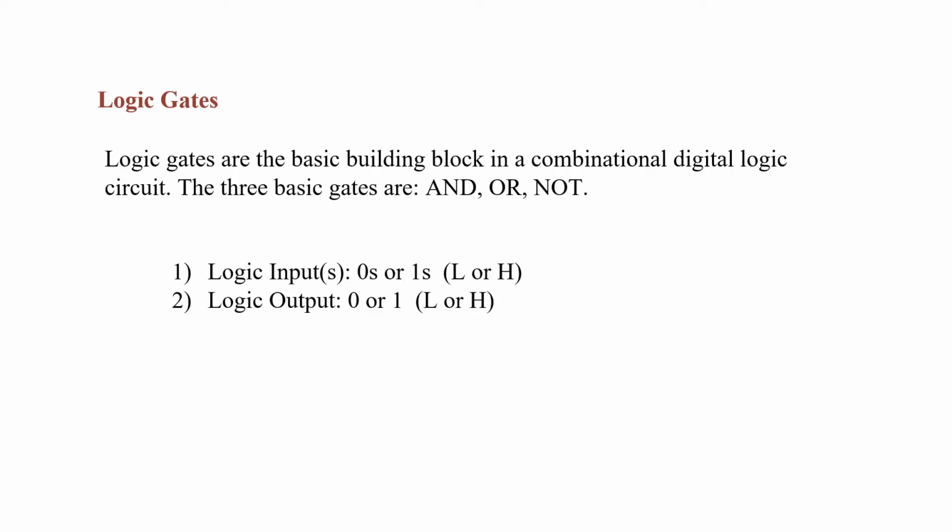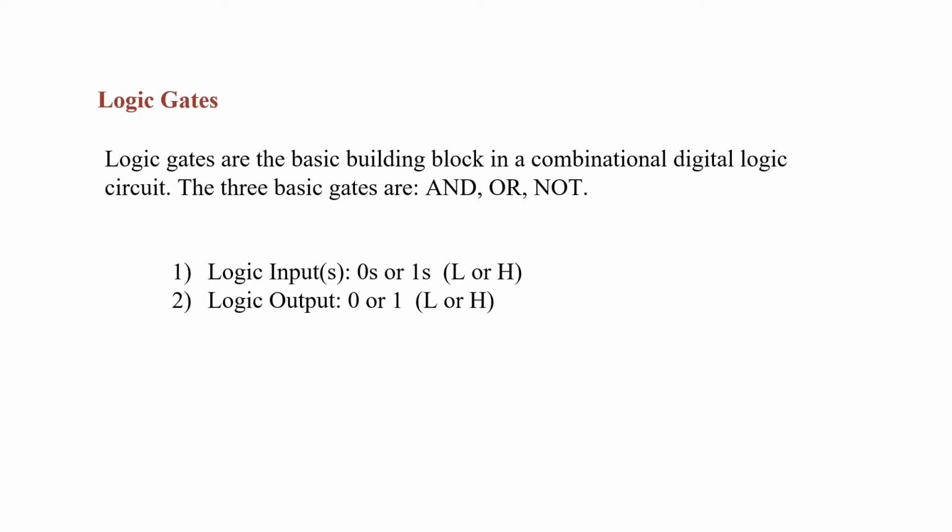Basically, logic gates are the basic building block in a combinational digital logic circuit. There are three basic logic gates that include the AND gate, the OR gate, and the NOT gate. For every digital logic gate, we have to have logic inputs, meaning inputs of values zeros or ones.